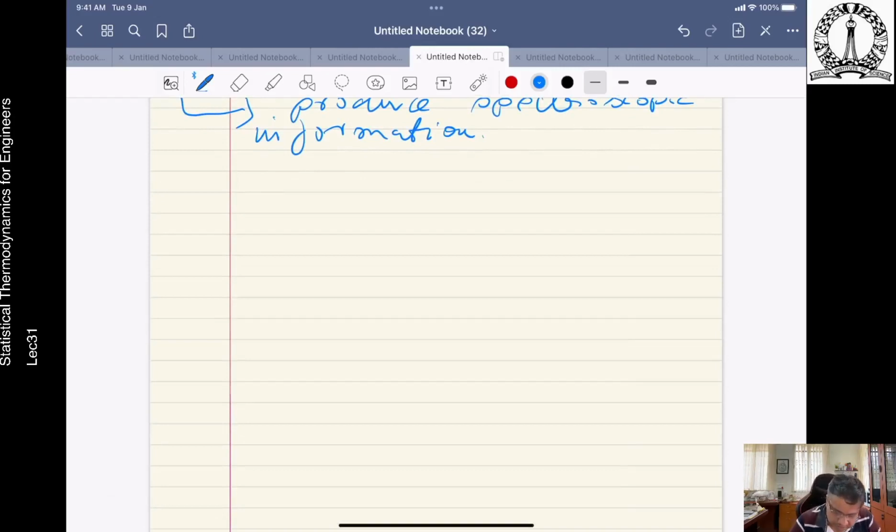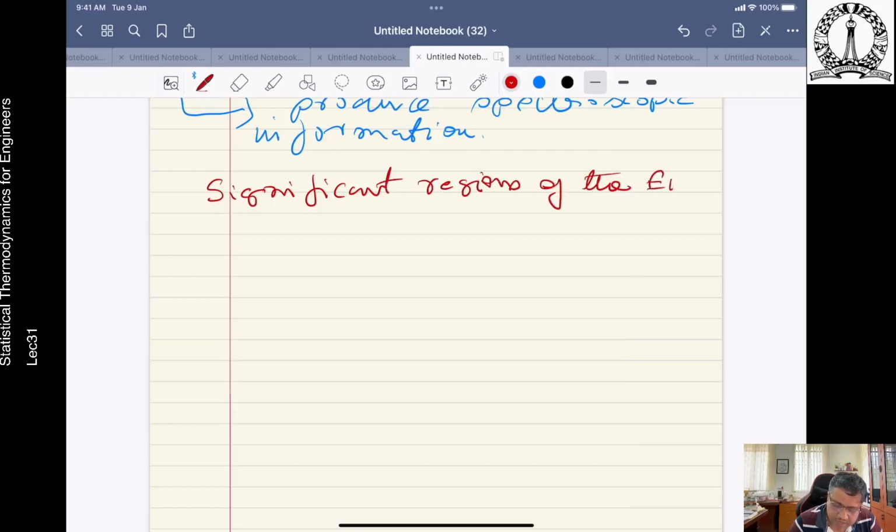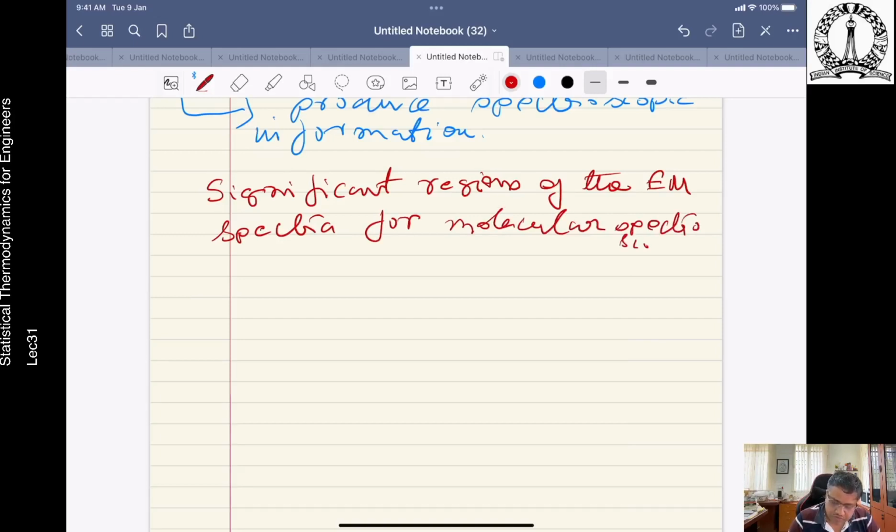We call these the significant regions of the electromagnetic spectrum for molecular spectroscopy.